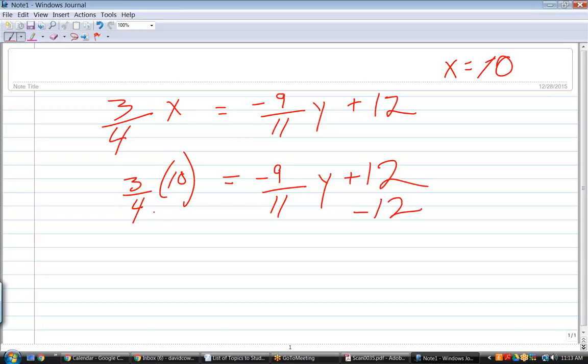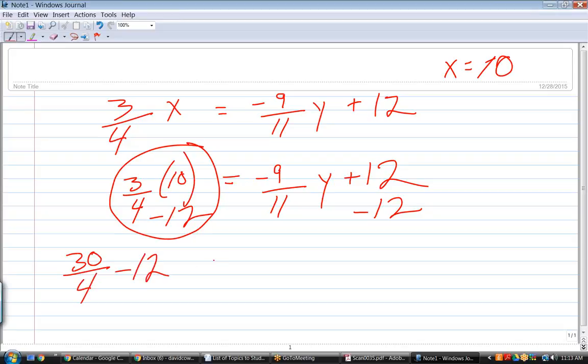So when we do that, let's represent this over here. Let's call that 30/4 minus 12 for the moment. Now, our next step would normally be what?